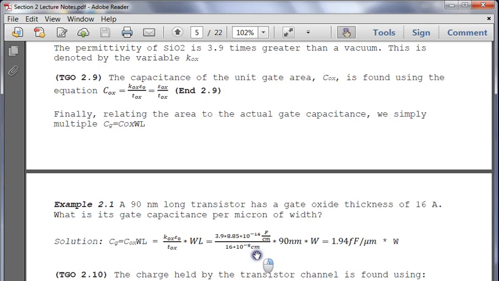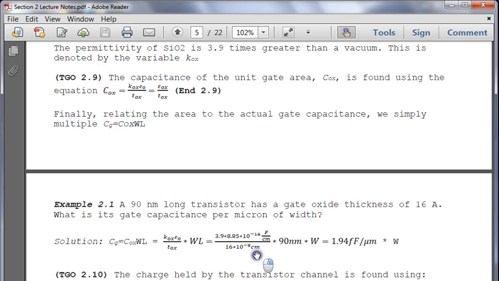And then what we're going to do here, per micron width, is to use this particular thing that we have solved to determine precisely how much oxide we want. This is a good way of being able to design your transistor. If you ever get to that level, which we probably won't in this course, but this is a good thing to know for the future.